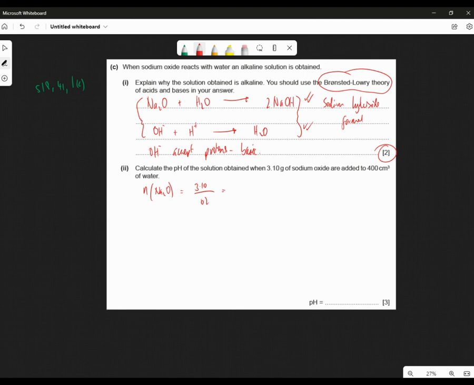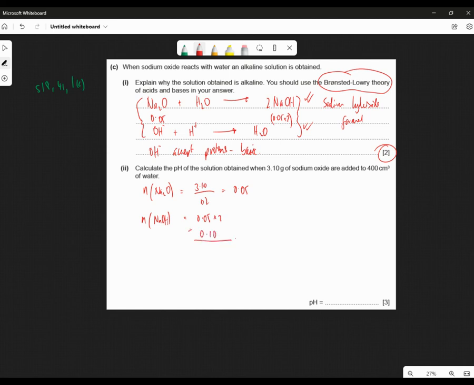So this is my calculator. 3.1 divided by 62. Oh, that's an easy one, isn't it? I should have known that. 0.05. So we have 0.05 of this, but we're going to get 0.05 times 2 here, aren't we? So therefore, the number of moles of sodium hydroxide is 0.05 times 2, which is 0.1.